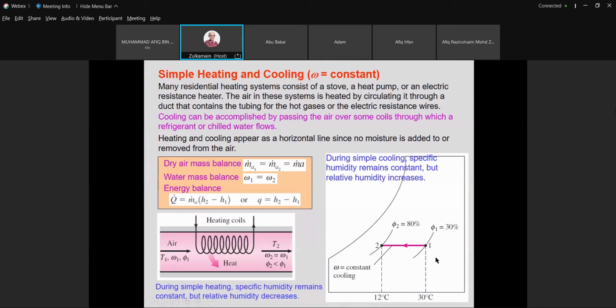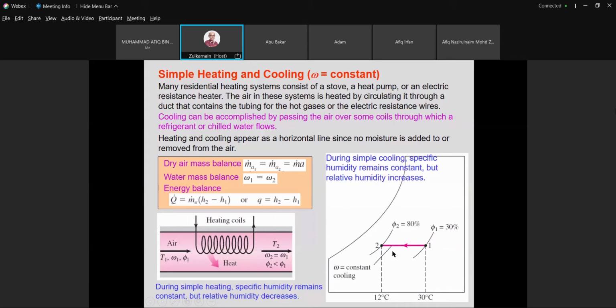If we analyze the relative humidity psi 1 and psi 2, we are going to have psi 2 greater than psi 1. Right? And then of course, for a cooling process, the final temperature will be lower compared to the initial temperature. And for this case, it's a horizontal line, meaning that the omega is constant. There's no condensation occurring in this case.